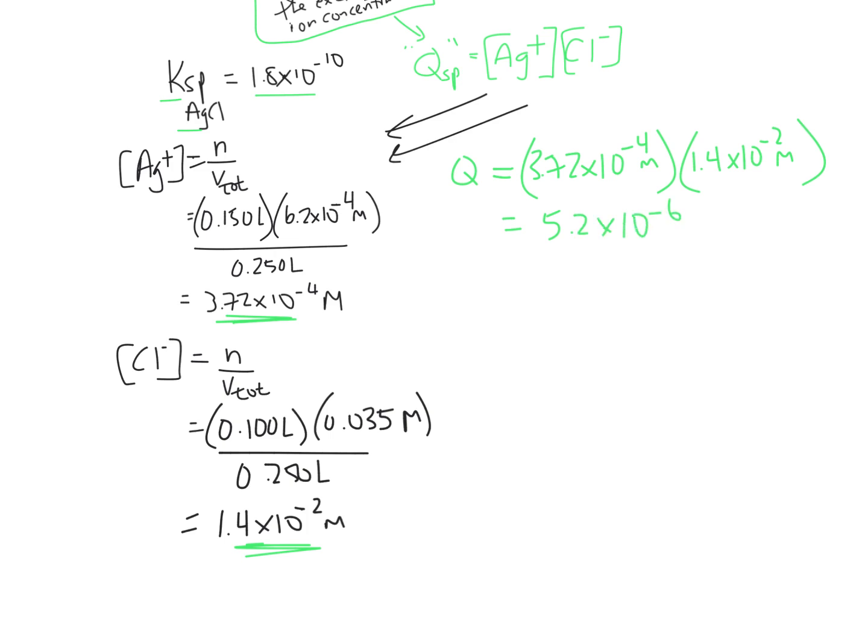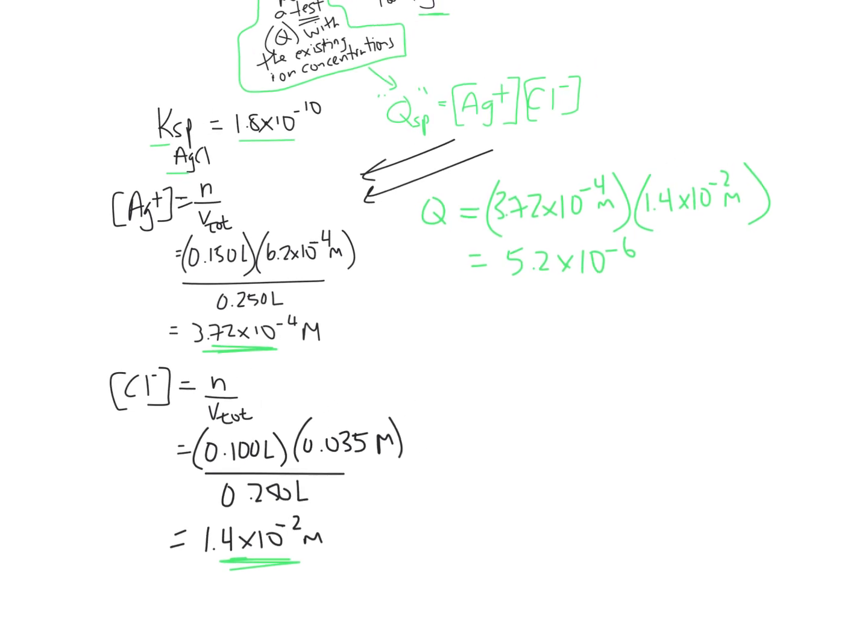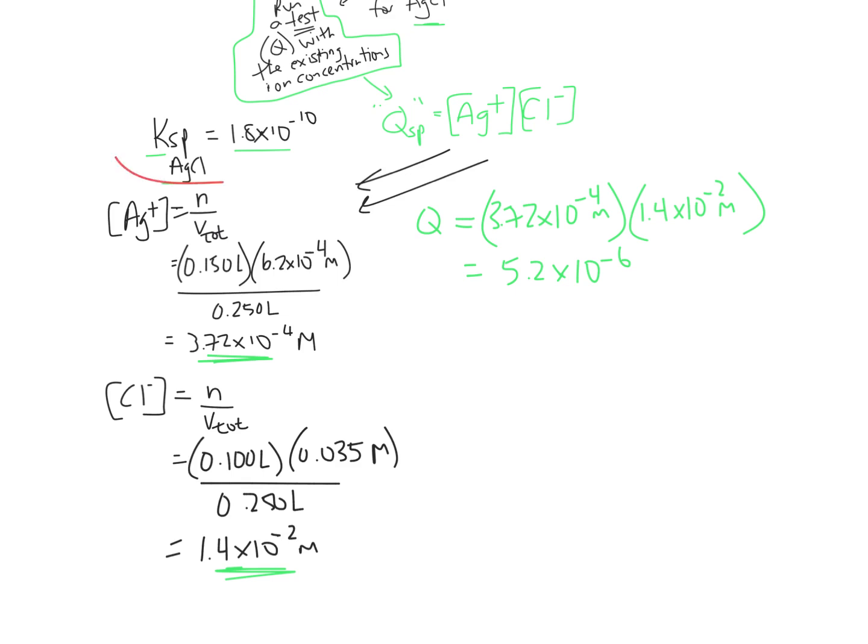Okay, so now interpreting that, we get 5.2 times 10 to the minus 6. How does that compare to the KSP value? So here's KSP, here is Q. Well, you can see that the Q is greater than the KSP. So if the Q is greater, that means our ion concentrations are higher, which means it will precipitate a salt.